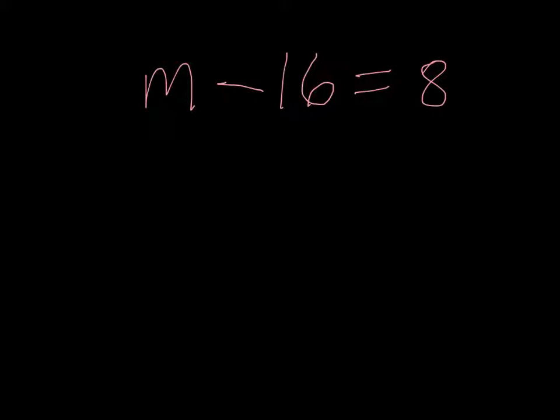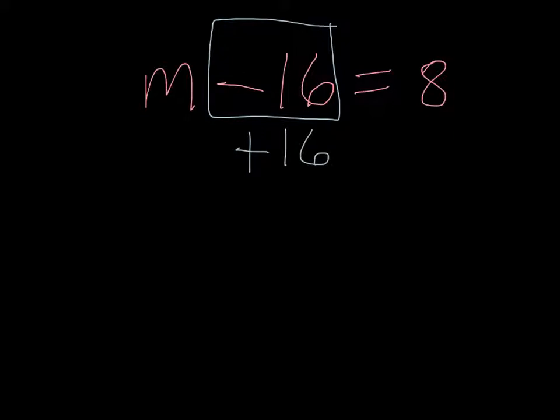So if we just look at this minus 16, what do I need to add to it to get it to 0? Well, I need to plus 16 to it to get it to 0, right? Because our goal is to get our letter all by itself and the number on the other side by itself. So if we add 16 to a negative 16, we'll end up with 0 on this left-hand side.